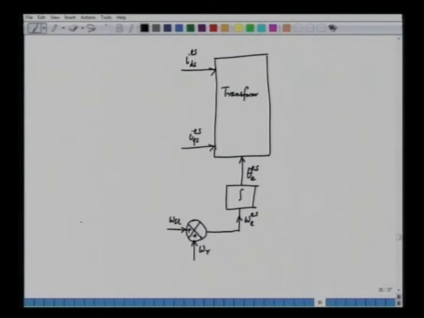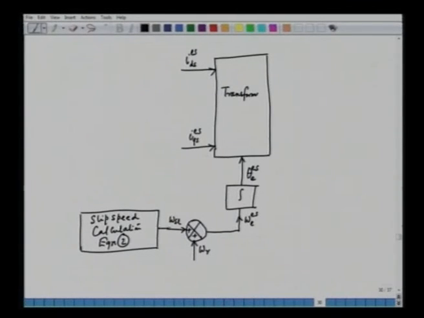We have to use what is called the slip computation block, the slip speed calculation, and this is equation 2 that we have previously shown.